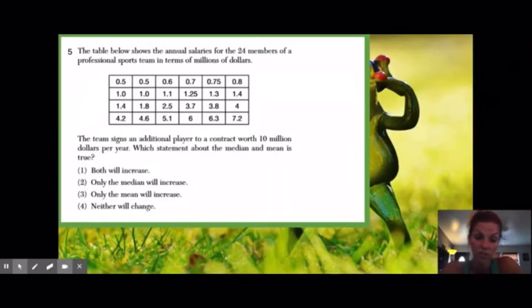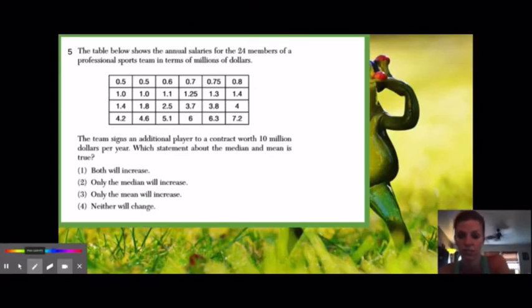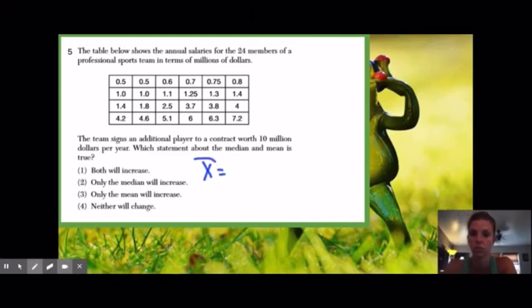If you don't know, we could figure it out, which is, you know what, we're just going to do that. So we need to figure out if it changed. So let's first figure out what the mean is and what the median is. So let's figure out the mean. In other words, we're going to add all these up. So 0.5, 0.5, 0.6. Bear with me.